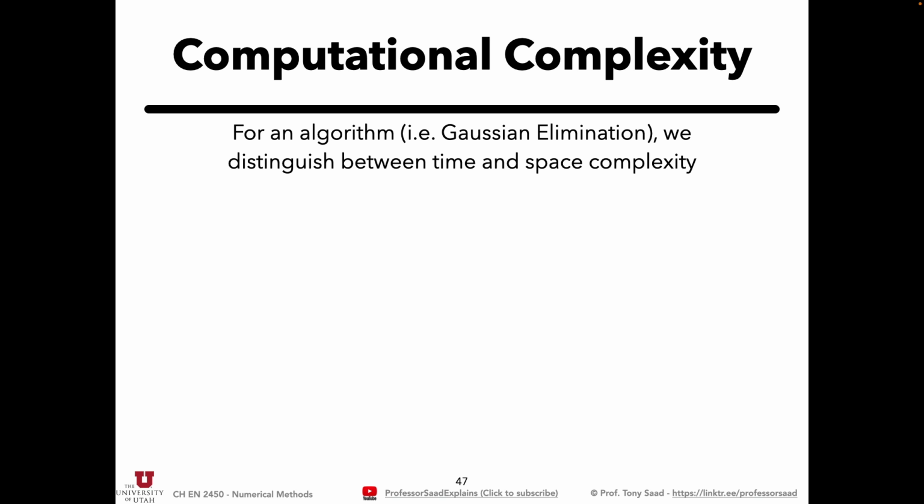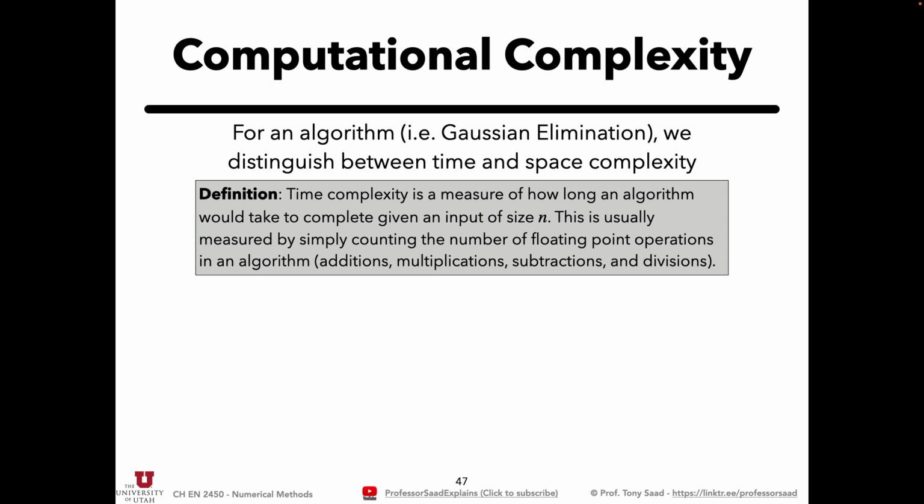For an algorithm like Gaussian elimination, strictly from a computational science perspective, any algorithm has 2 features. We call them space and time complexity. Definition: time complexity is the measure of how long an algorithm would take to complete given an input of size n.